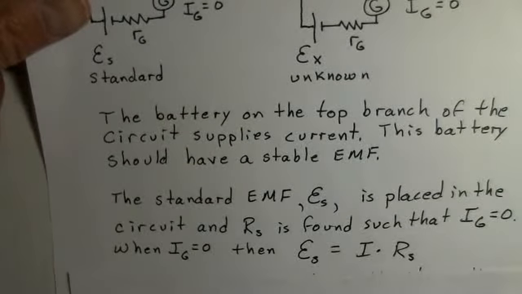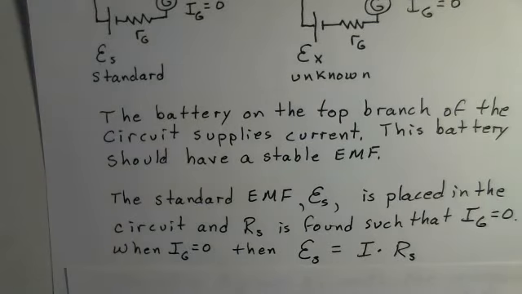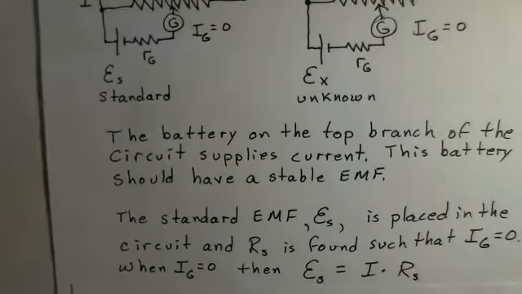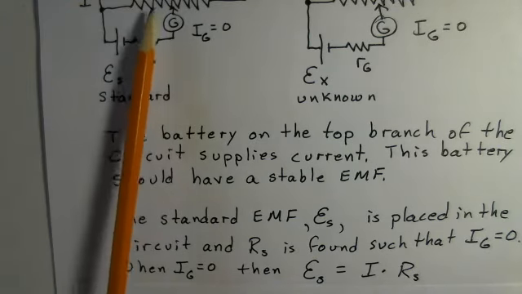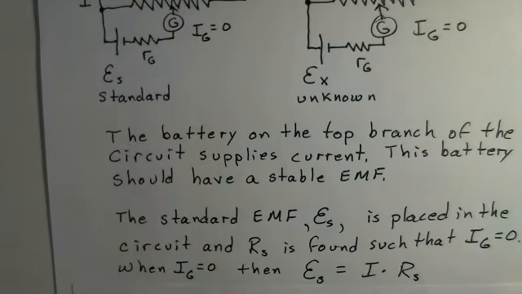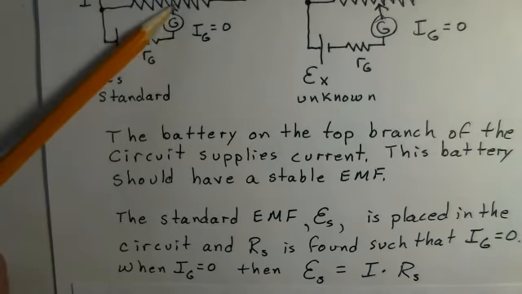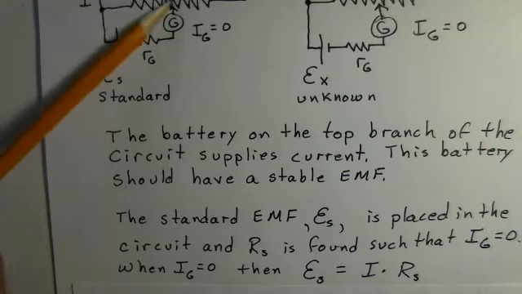So the standard EMF, when that's in place, we adjust the potentiometer and we get the current to be 0 in the galvanometer. There'll be a resistance across here, R sub s.